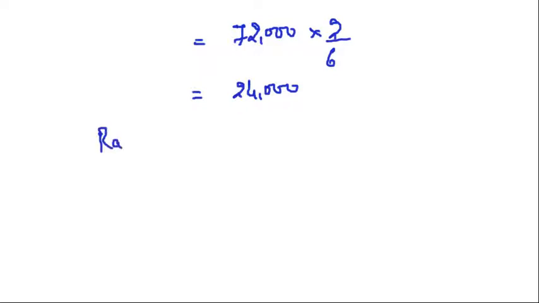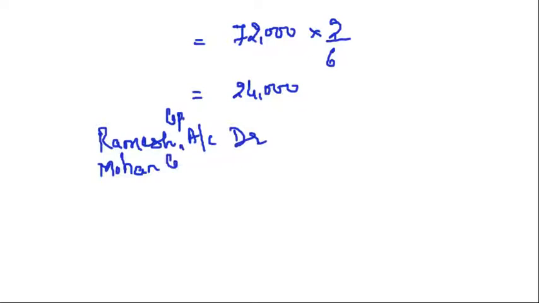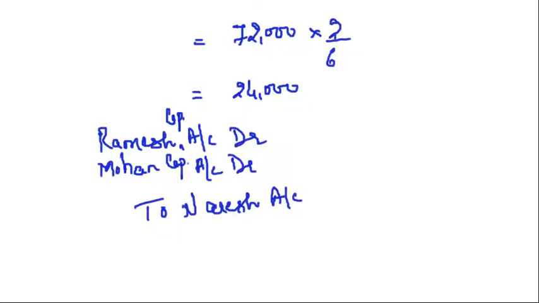So the entry will be Ramesh capital account debit, Mohan capital account debit, and who is the retiring partner? Naresh. So we will say to Naresh account. What is the amount of compensation? 24,000.